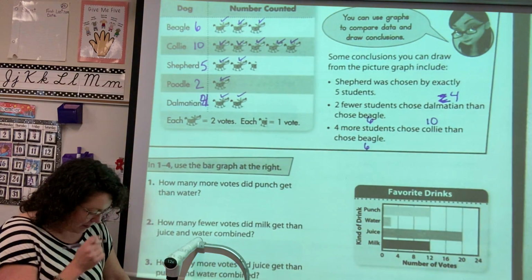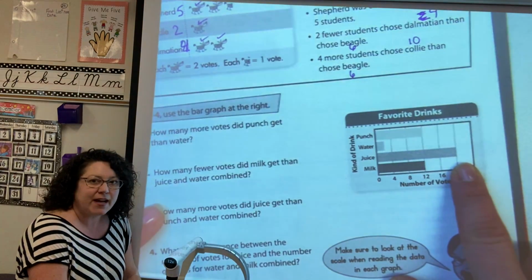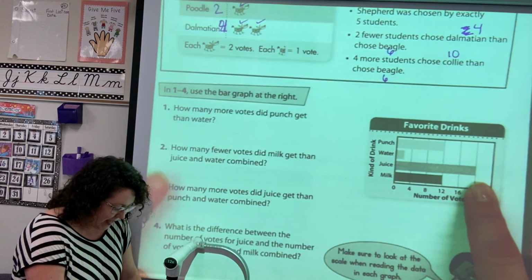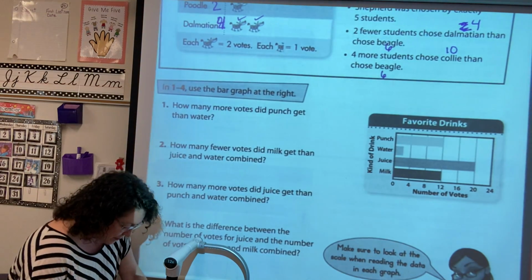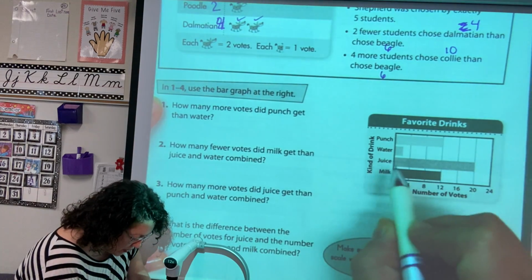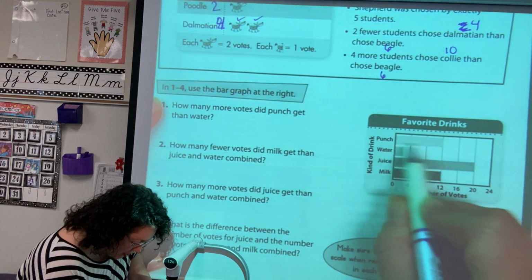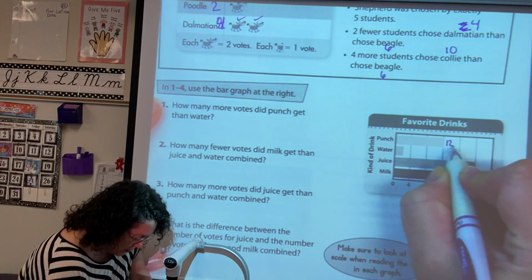Okay. So we're going to go ahead and use this graph to help with our other questions. And just like what I did up here, I'm going to do down here and count them all up. This time it's counting by 4s. So let's see. Punch, if I come straight down, Punch lands on 12.